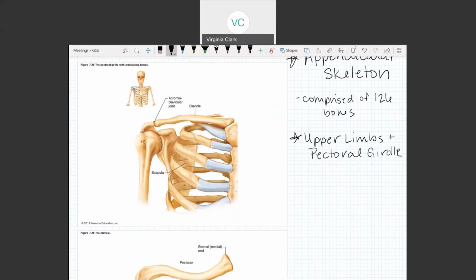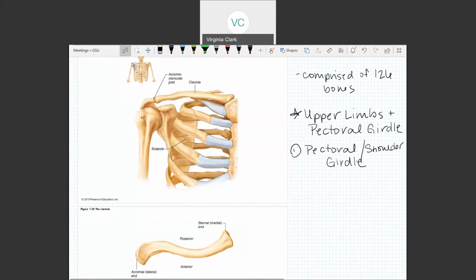So to start with, we're going to do our pectoral, otherwise known as your shoulder girdle. So that's what this section is right now. When we're looking at this, mainly, you're going to have two types of bones. The first one is going to be your clavicle.